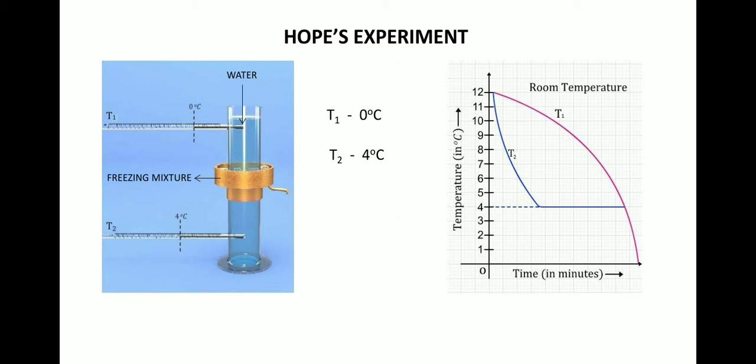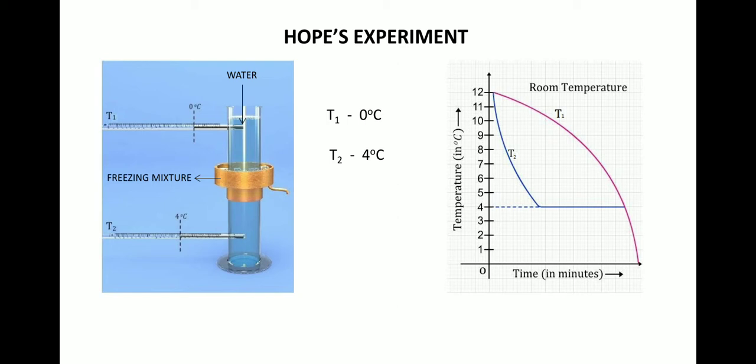So at room temperature, you can see the red curve goes from the room temperature downwards as the time passes by, and the curve T2 shows that the curve falls down rapidly and then it remains fixed at 4 degrees Celsius.